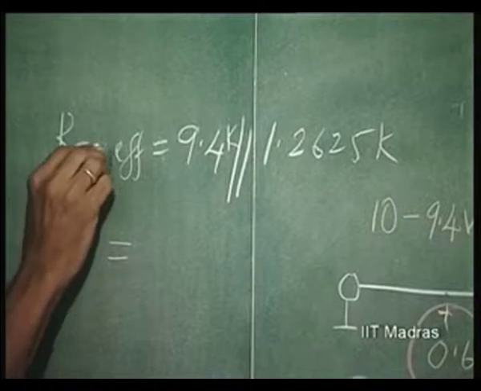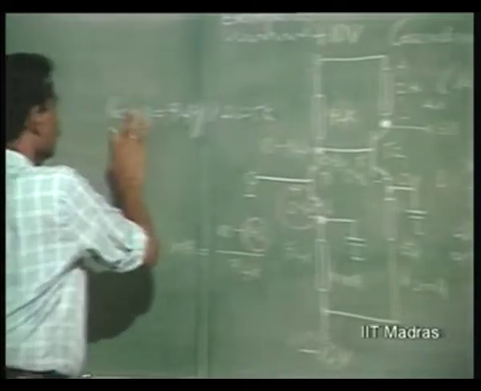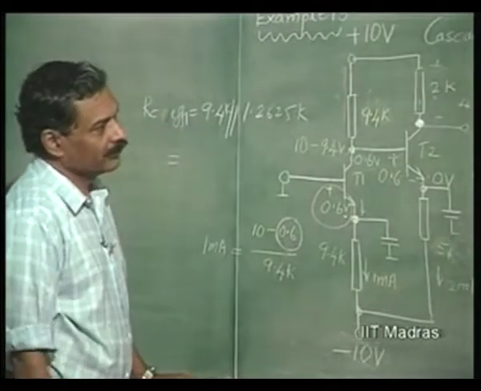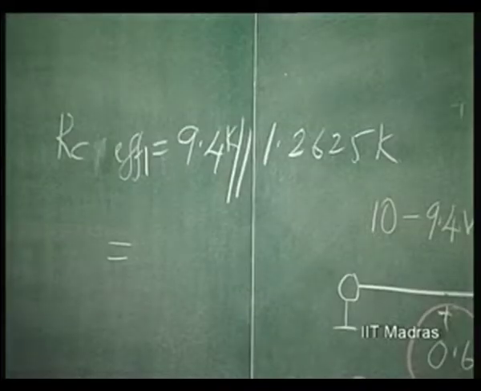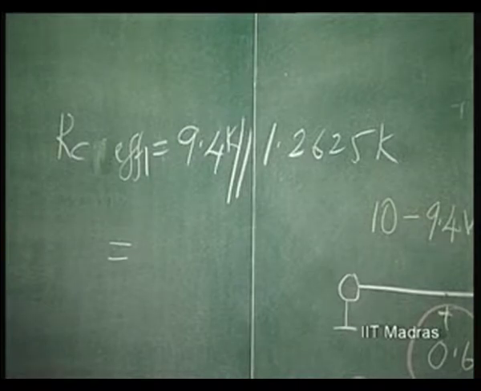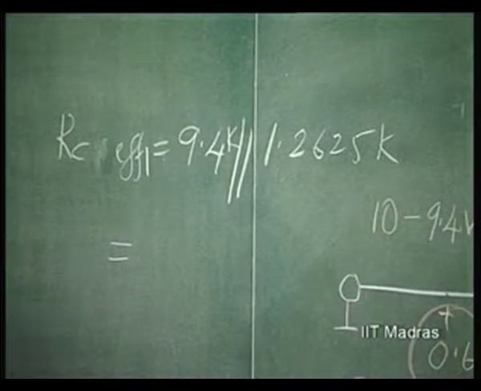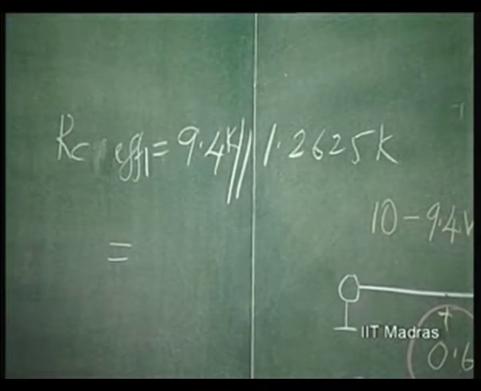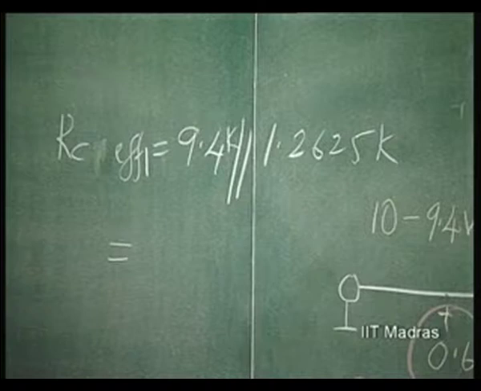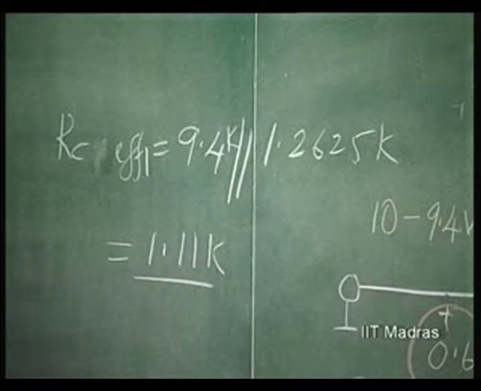It is going to be almost 1.1 K or so. 9.4 into 1.2625 divided by 9.4 plus 1.2625 is 1.11 K.